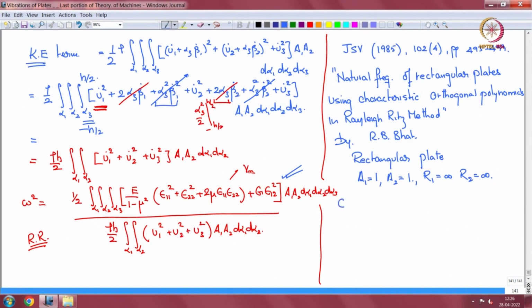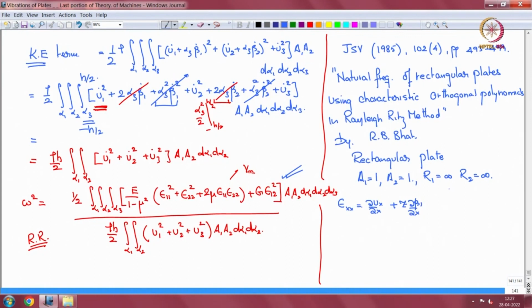And epsilon xx is equal to del ux by del x plus z del beta 1 by del x.